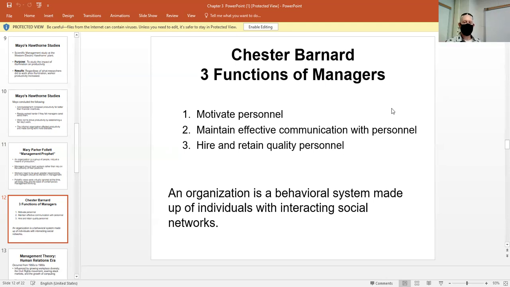And as a manager, you need to realize that it is a behavioral system, your group that works for you and with you. It's just like this whole ecosystem of people who are all different, and they're going to interact, and therefore you're going to have issues where they're not going to get along, perhaps. Things like that. You need to be able to put out fires.